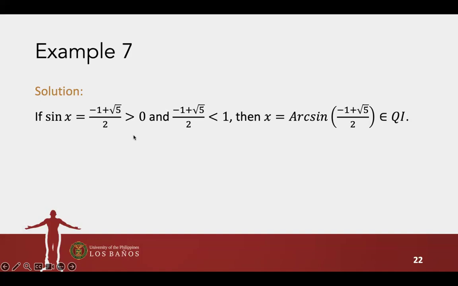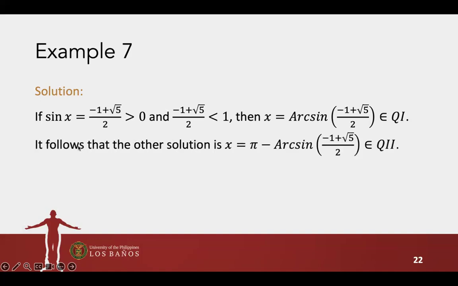We have the second quadrant. And how do we get the angle in the second quadrant? It's pi minus the reference angle. But take note, di ba, that the angle in the first quadrant is already our reference angle. So that's why our other solution is pi minus arcsine of -1 plus square root of 5 all over 2. So this is our angle in the second quadrant.